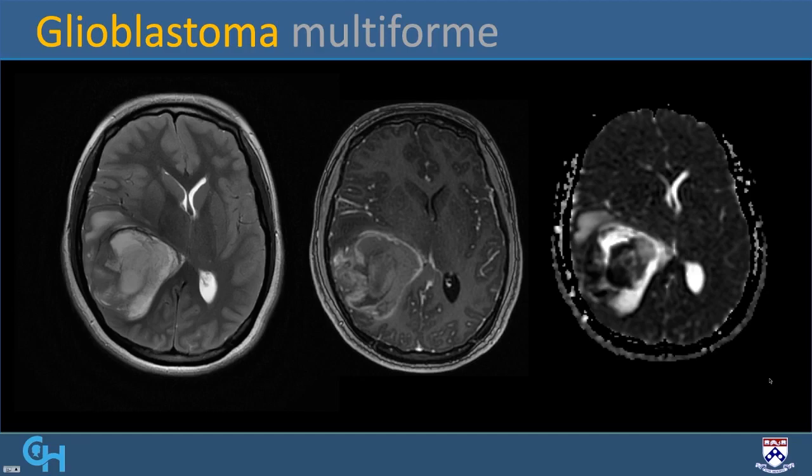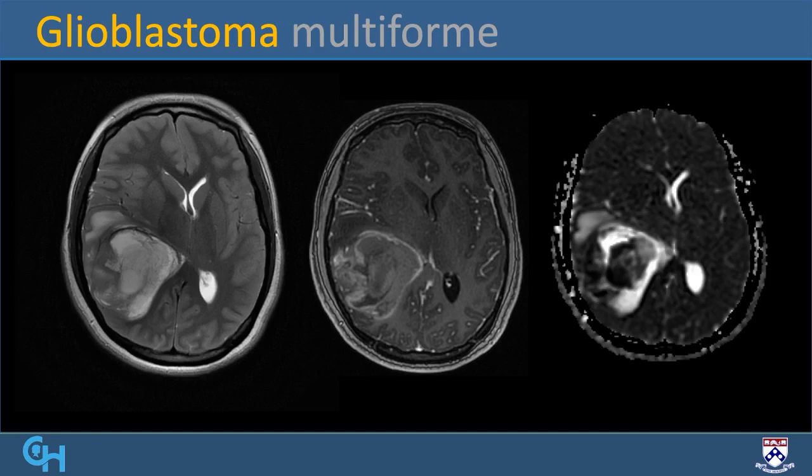I'm just going to take a slight detour and mention another malignant tumor which may be seen in children. They're usually seen in older kids, close to adolescents or young adults. You can see this tumor, glioblastoma, which is far more common in the adult population, but can be seen in children as well.